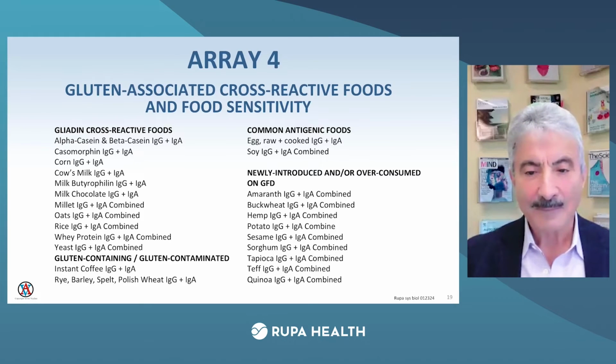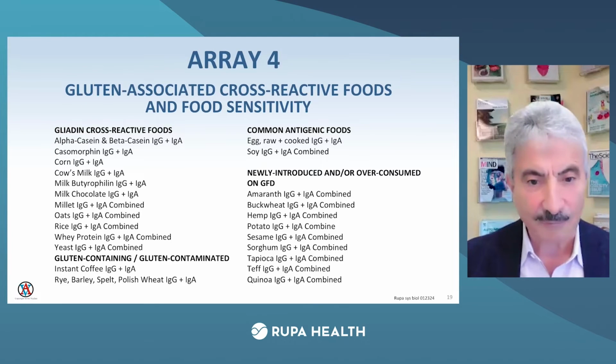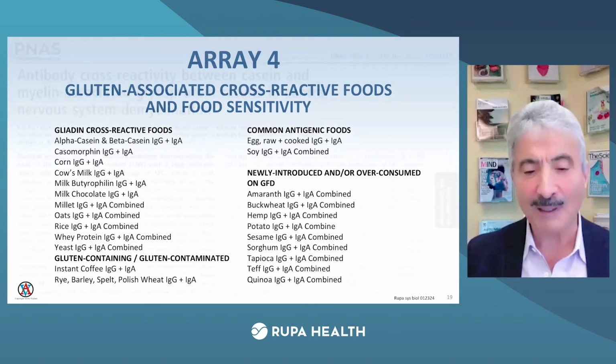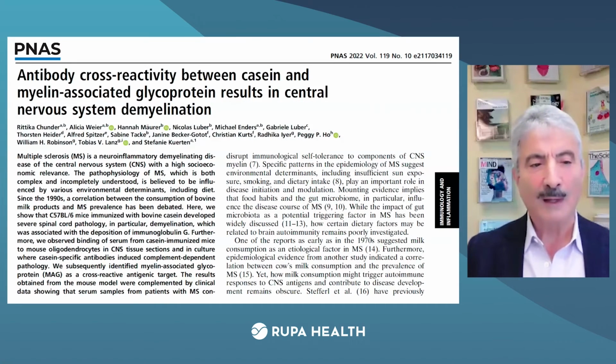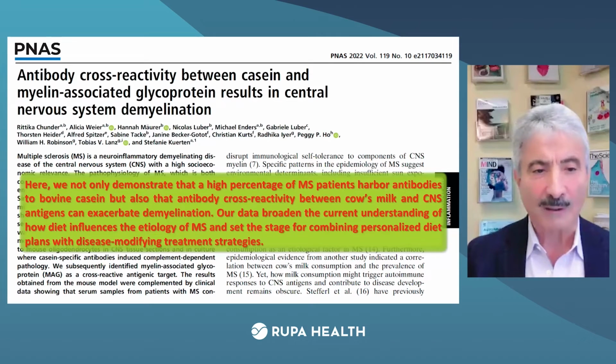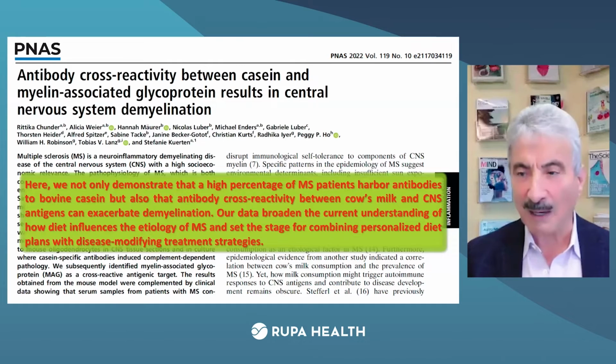Because if the patient is reacting to gluten and we don't test for cross-reactive foods and do not remove the cross-reactive food from that individual's diet, the probability that the individual will develop a neuroautoimmune disorder is extremely high. This article was published in the Proceedings of the National Academy of Sciences.